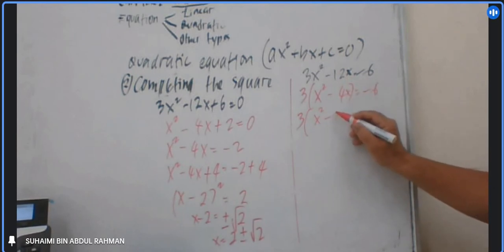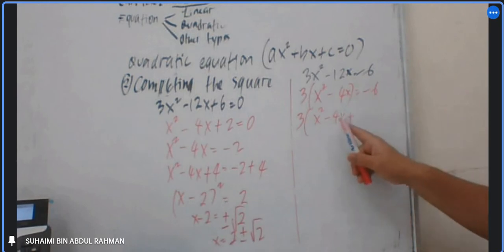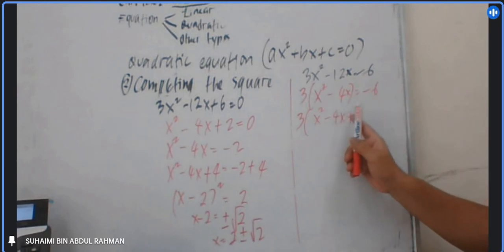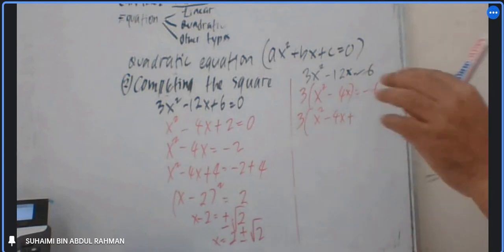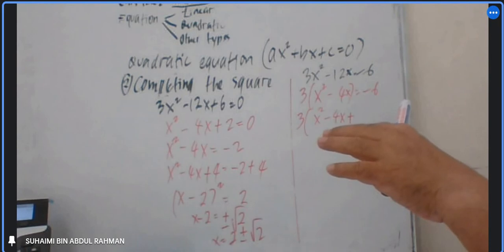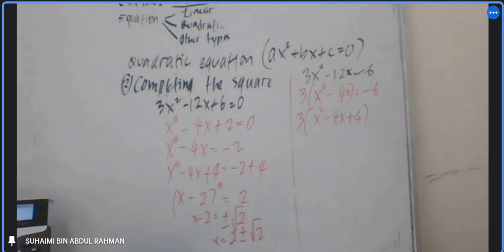So x squared minus 4x plus what? Plus the coefficient of x divided by 2 and the square, which is plus minus 2 square, which is 4.